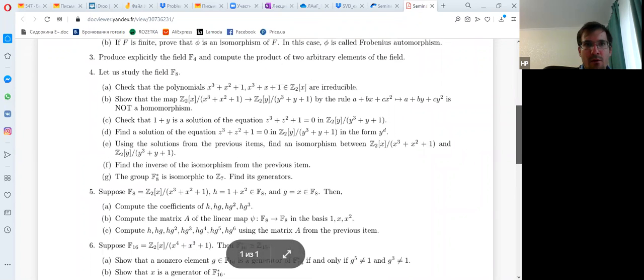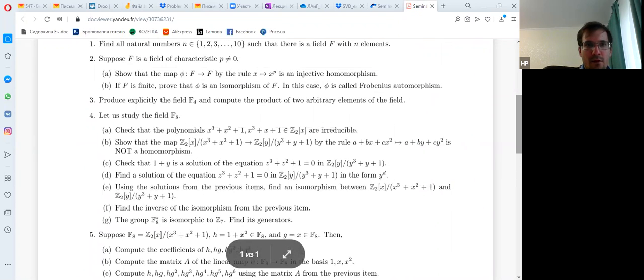So now we have Z8 or F8, and we want to deal with it. First of all, we need to understand that x to the power three plus x squared plus 1 is an irreducible element. Okay, let us check.